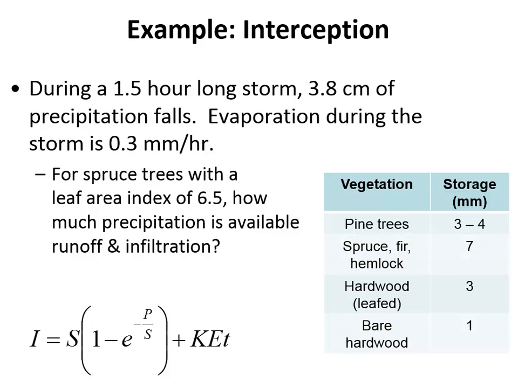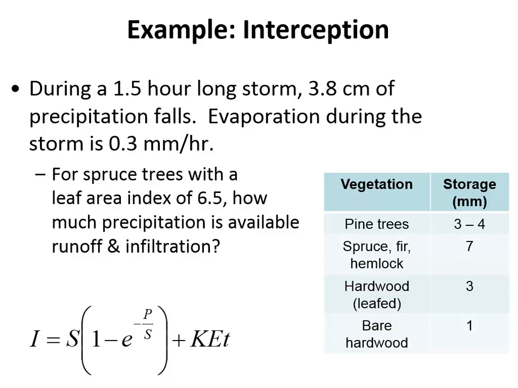And so putting it into the formula for interception, we can calculate that as 9.89 millimeters of interception during this storm. And this is taking into account the evaporation that occurs right off of the leaves themselves.